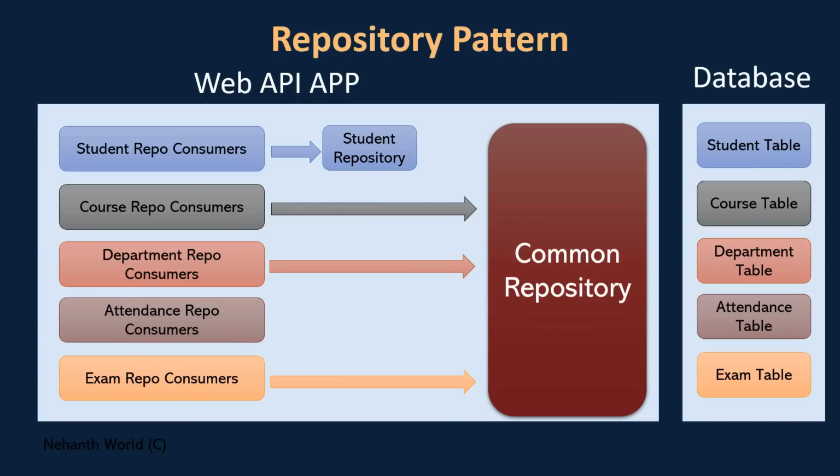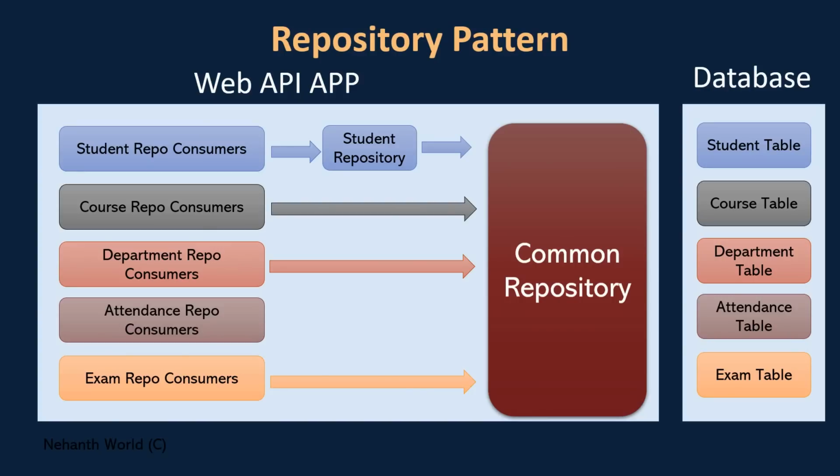It will be duplicate, because that code is already written inside the common repository. For that, we will inherit the common repository inside the student repository so that we can have the common functionality and also the student specific functionality, right?